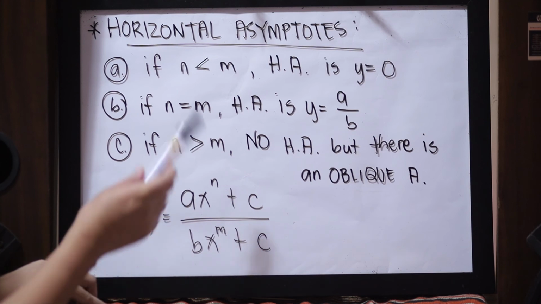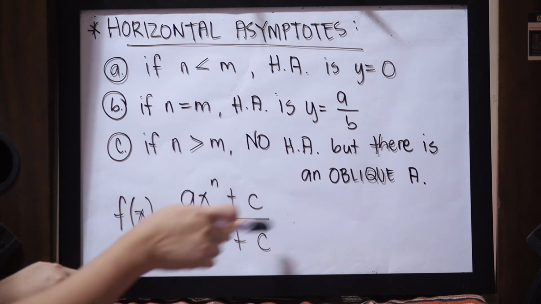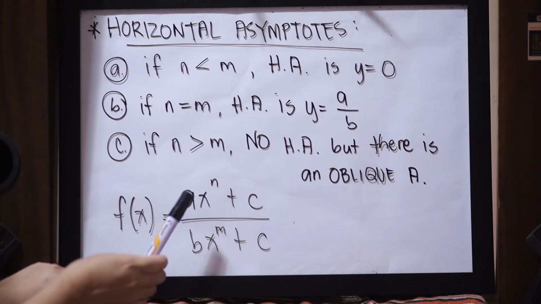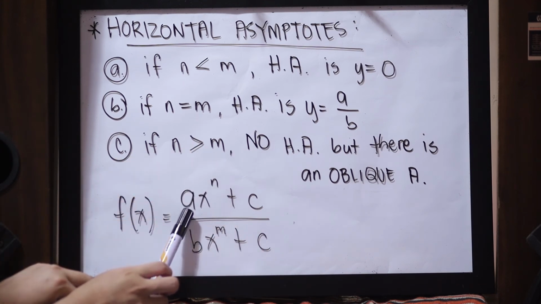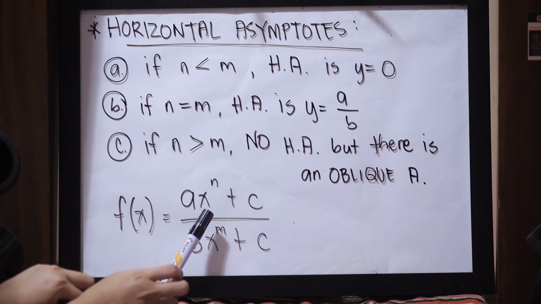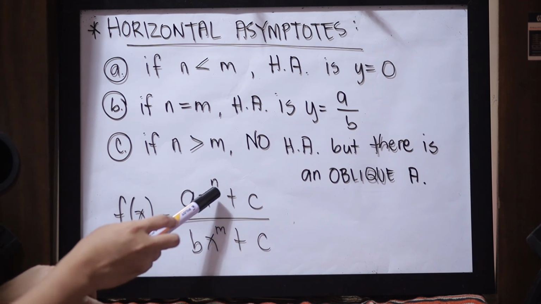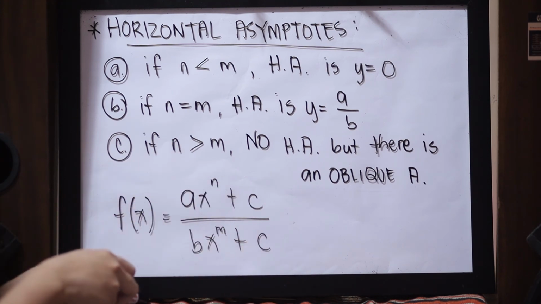So, sa rational function, let's say we have ax raised to n plus c. Ito yung algebraic expression sa numerator wherein a is the numerical coefficient of x and n is the exponent of the numerator, yung highest exponent ng nasa numerator.